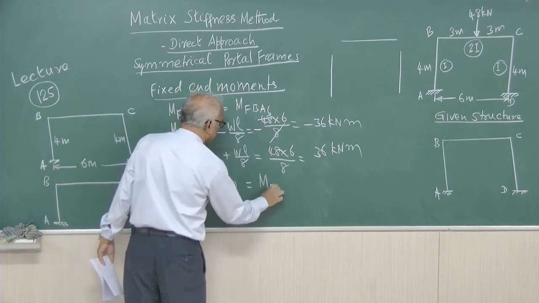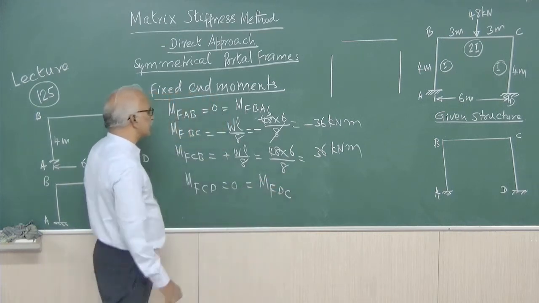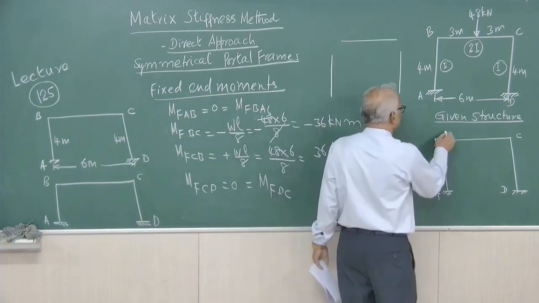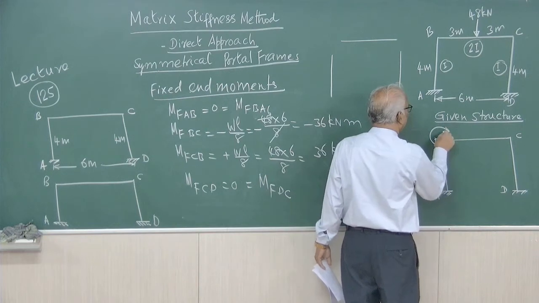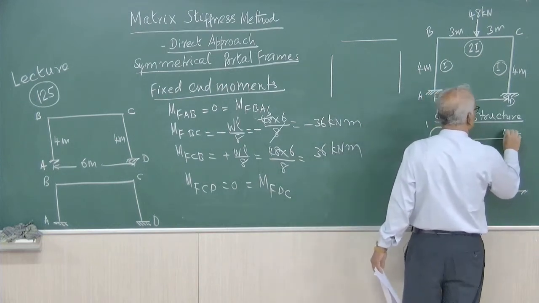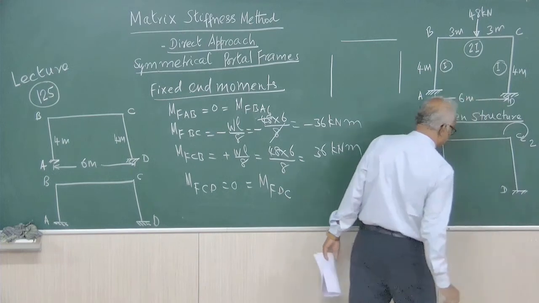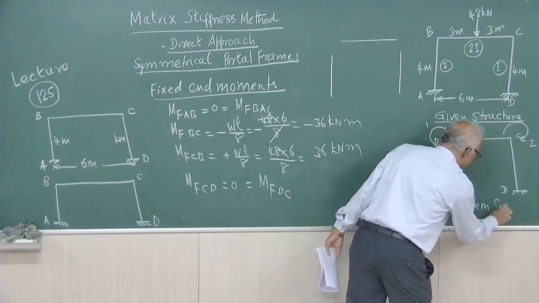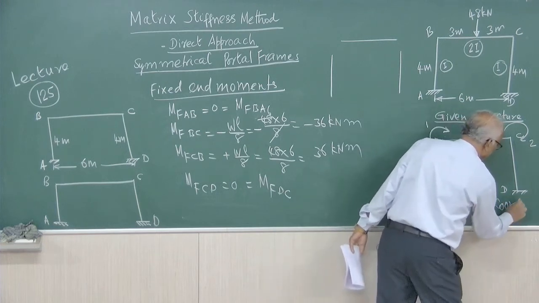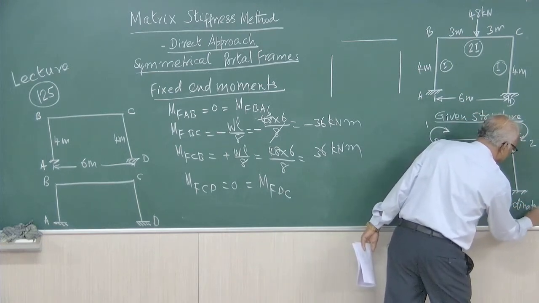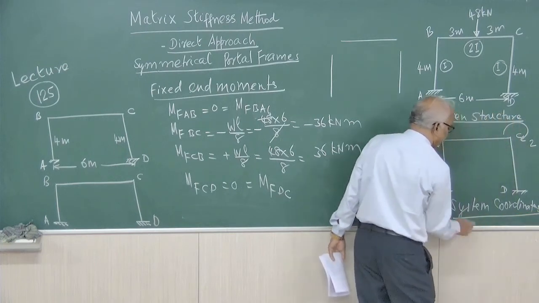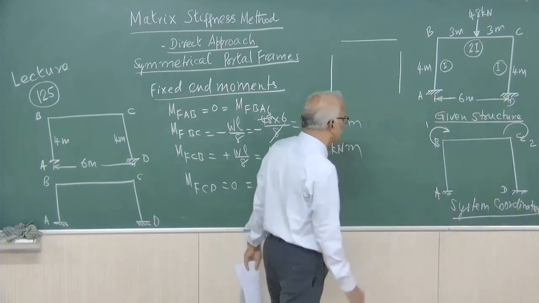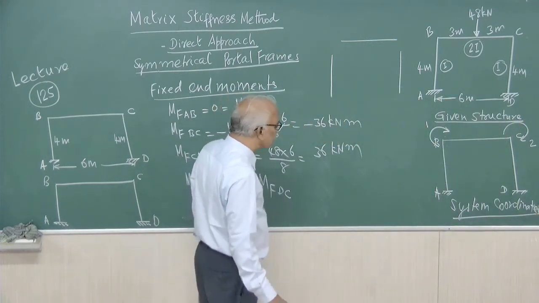And here, theta B is one possible displacement, theta C is another possible displacement. These are the system coordinates, the possible joint displacements.